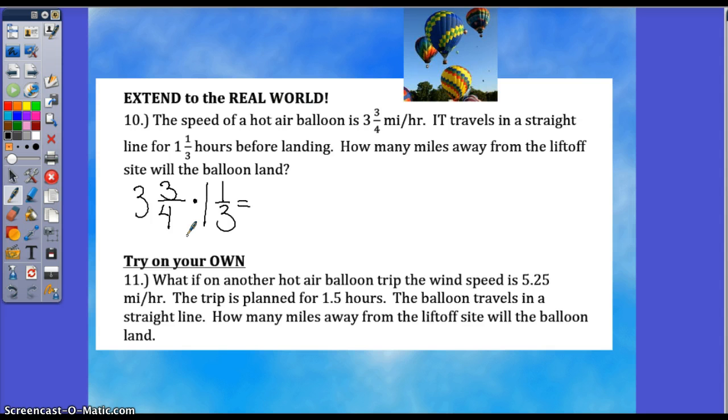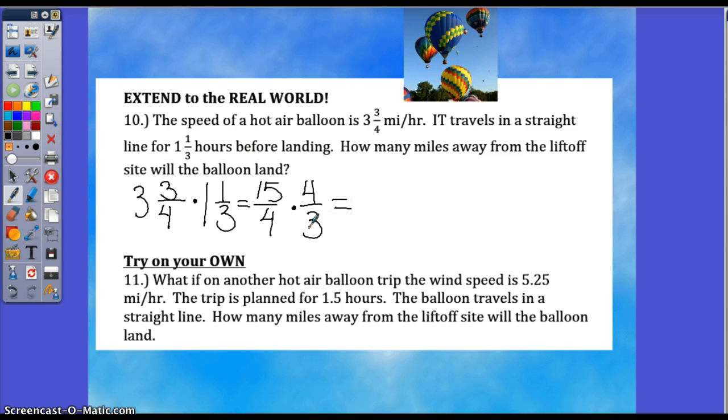4 times 3 is 12. 12 plus 3 is 15 over 4 times 3 is 12, plus 1 is 4/3.